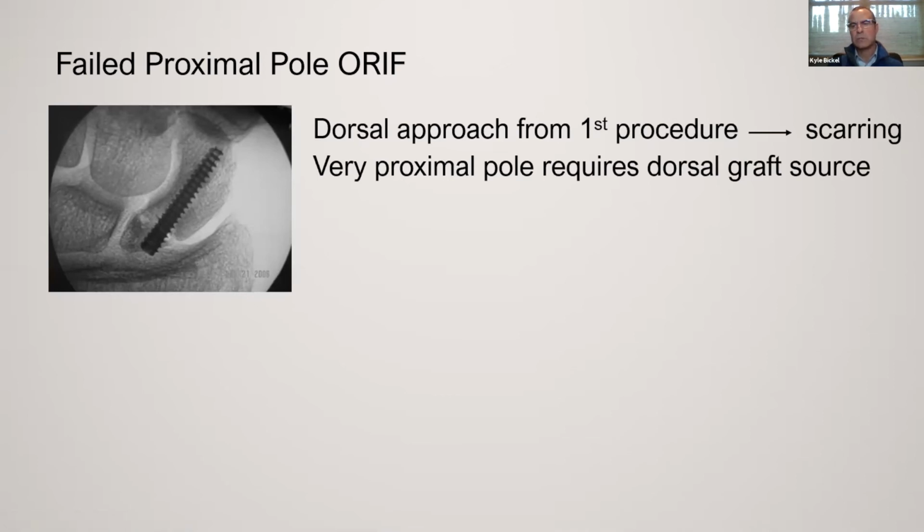So Jesse, what would you do in this case? Do you think this is a good case for a vascularized graft, or what's your approach? Yeah, I do, for the reasons that you've outlined. Some of the substance of this proximal pole has been eroded by the screw, and it's a fairly limited amount of bone there.